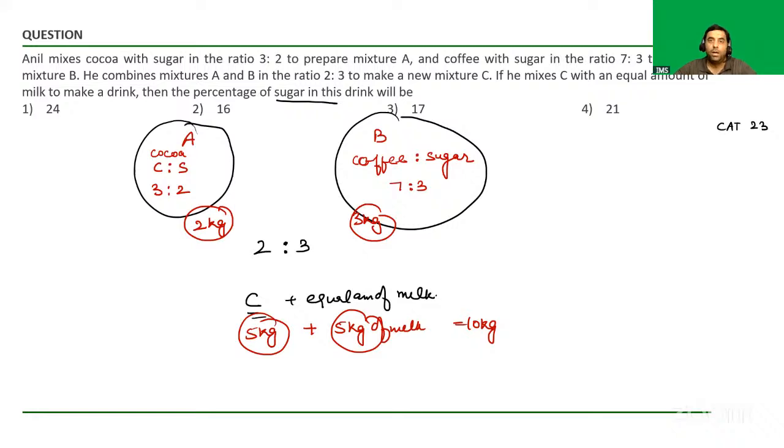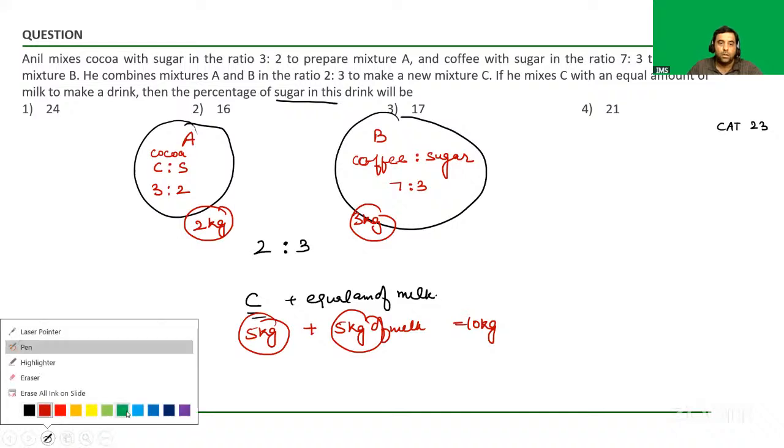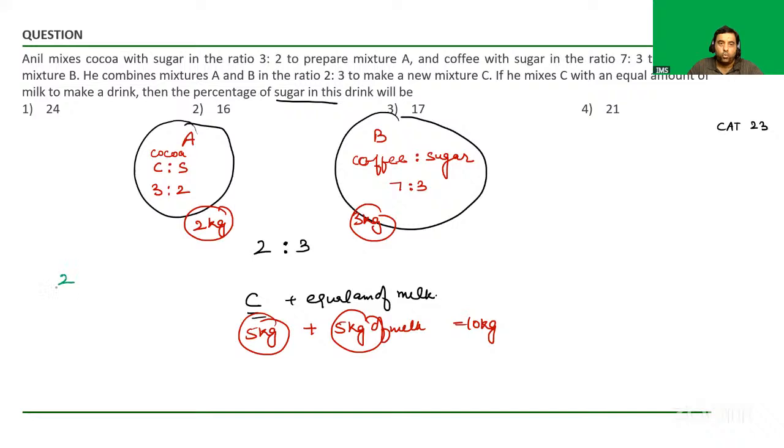I hope I'm making sense and mapping how we are leading from what is given to whatever is being asked. Now, in A, since cocoa to sugar is 3:2, sugar is 2/5 of 2 kg, which is equal to 4/5 kg, because I know the total weight of A is 2 kg.